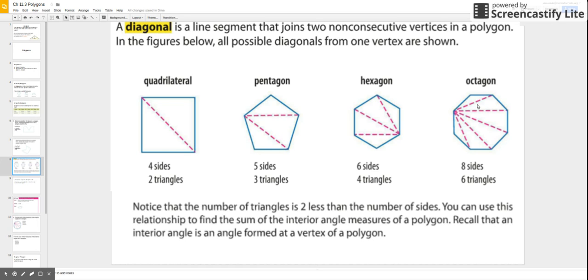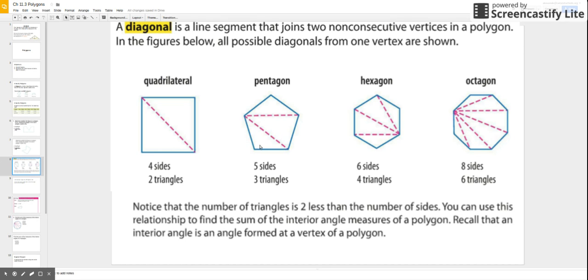If we want to figure out how many degrees is inside these polygons, well, we need to remember that a triangle has 180 degrees, okay? So if all triangles, no matter what size, have 180 degrees in their interior angles, you would do 180 degrees plus 180 degrees to get 360 in this case, because there are 2 triangles.